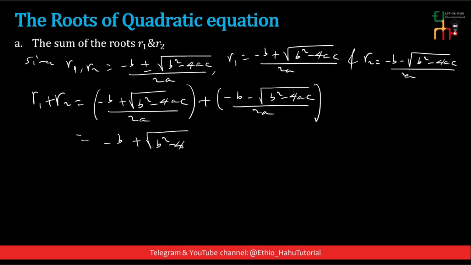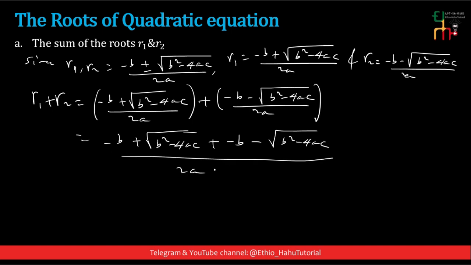squared minus 4ac plus minus b minus the square root of b squared minus 4ac over 2a. The plus and minus square roots of b squared minus 4ac cancel, leaving minus b minus b, which is minus 2b divided by 2a. 2 goes with 2.